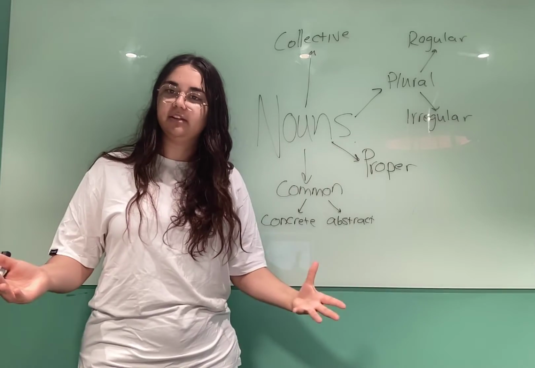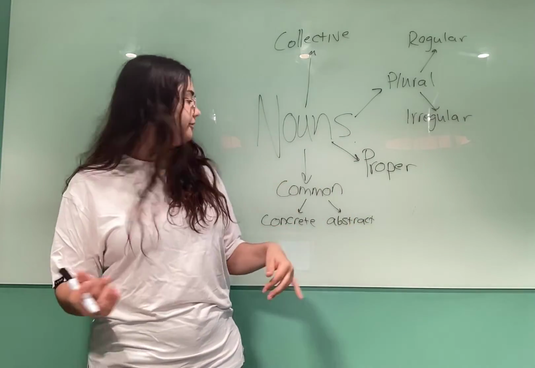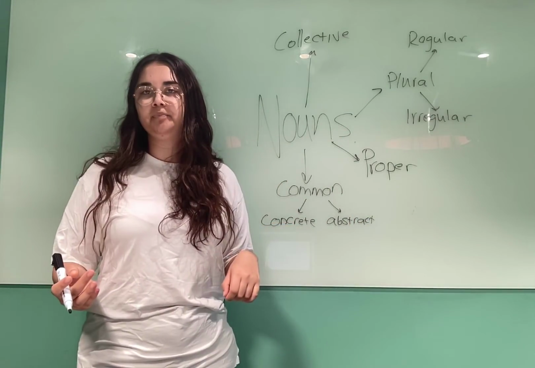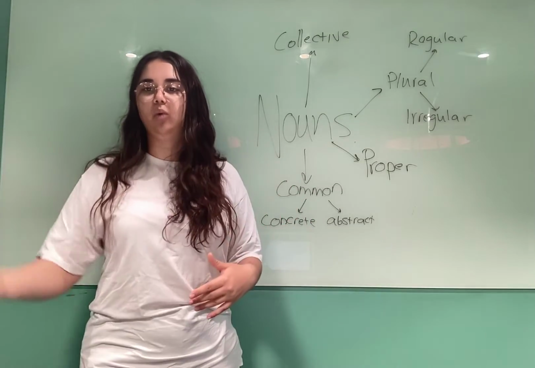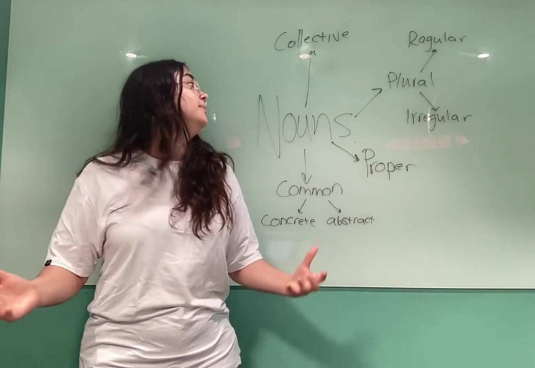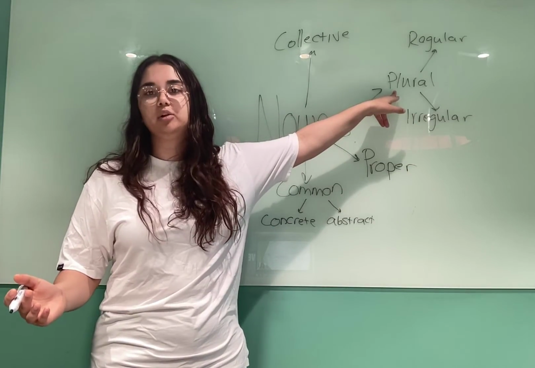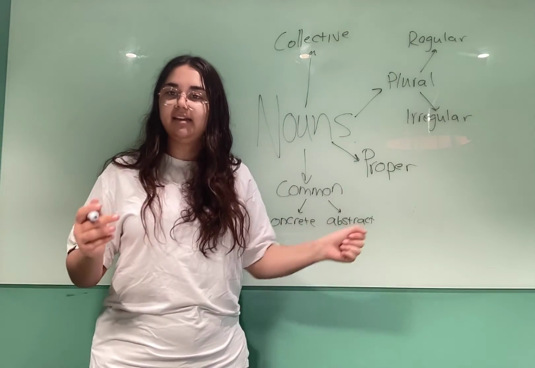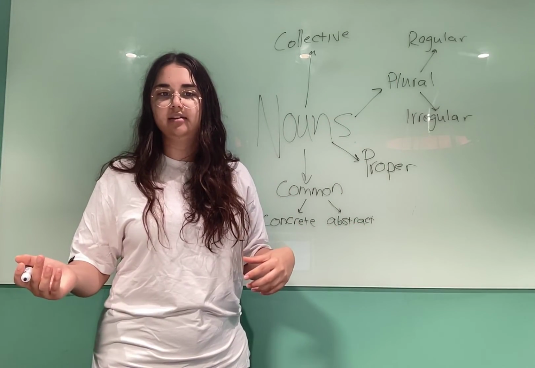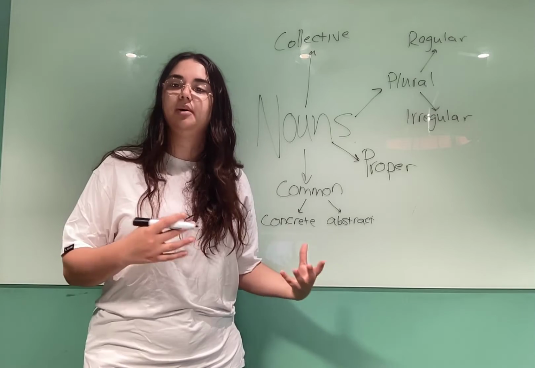Now why is elephants a plural noun and elephant a concrete noun? The reason is elephants has more than one. So there's more than one thing. Therefore, we've moved it to a plural noun. Now the reason it's regular is because it has an S or an ES on the end. This is the most common form of plural nouns.